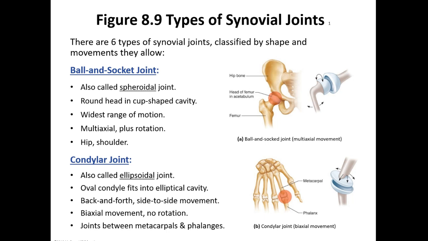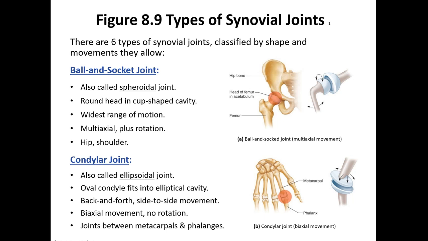Another example of synovial joint is called condylar joint. This joint type is found between bones of a finger and bones of a hand, as in between your phalanges and your metacarpals. You can see the diagram B is showing us the location of a condylar joint.